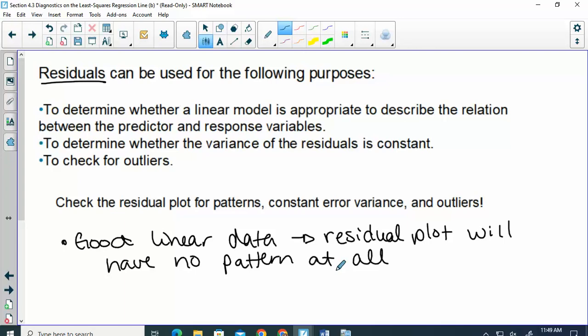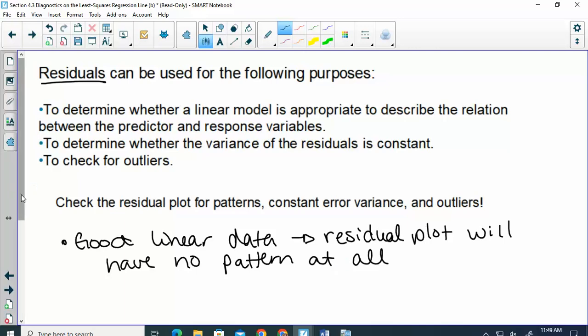Okay, a residual plot is essentially if we went through and found the residual for every single point, the value that we had minus the value if we used the line, and we plotted those numbers. If we have good linear data, we would expect some of our points to be higher, some of our points to be lower, right? So we should just have random points. If we see a pattern with that, then we have a problem.